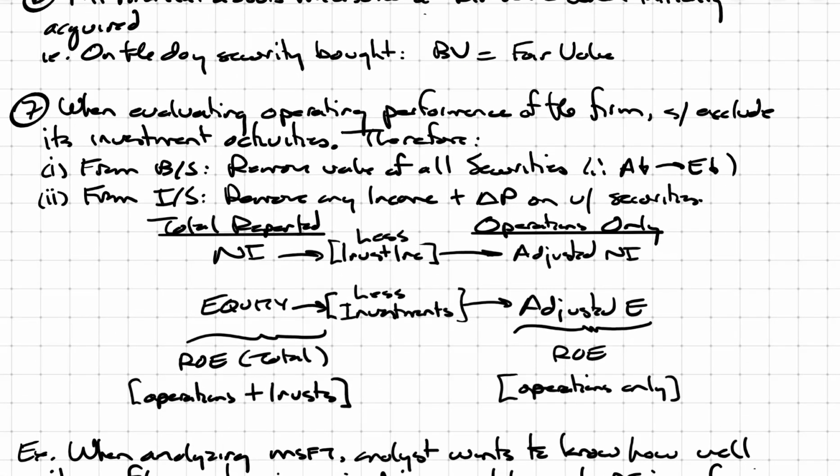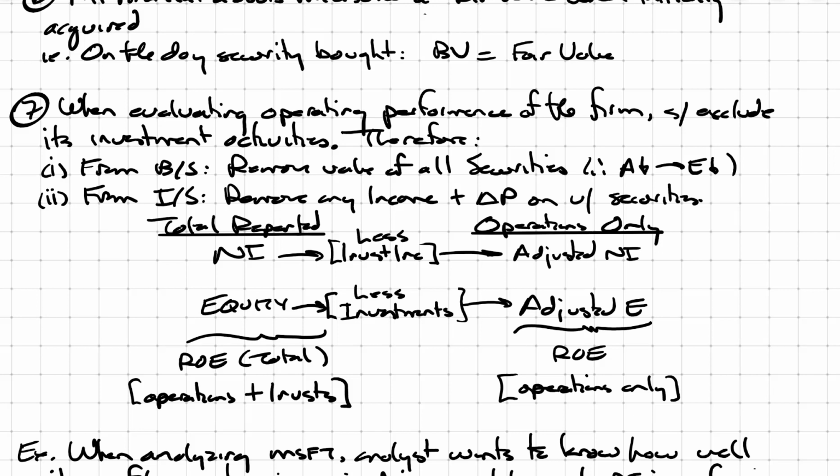Now, when evaluating the operating performance for the firm, we really should exclude its investment activities. Therefore, from the balance sheet, we should remove the value of all securities that this firm is holding. So any stocks and bonds that the company is holding for investment purposes should really be removed.